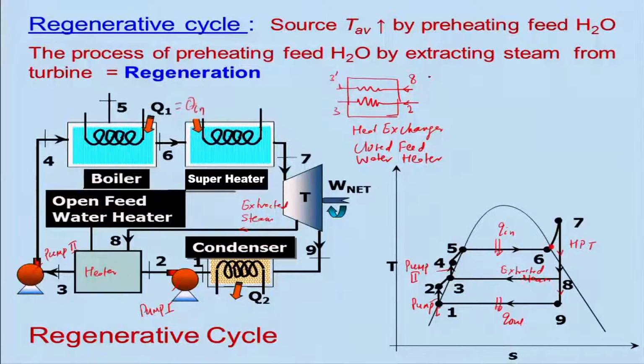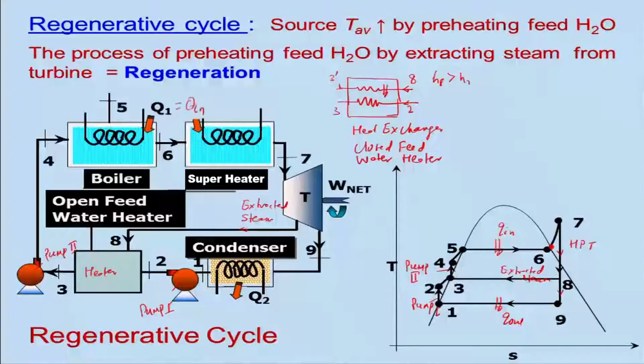Because this is the hot fluid, H8 will be much higher than the enthalpy at 2, and therefore some heat will be transferred to this fluid here. We have already seen heat exchangers. In this case the hot fluid does not come in direct contact with the cold fluid, whereas in the open one it is all mixed together.